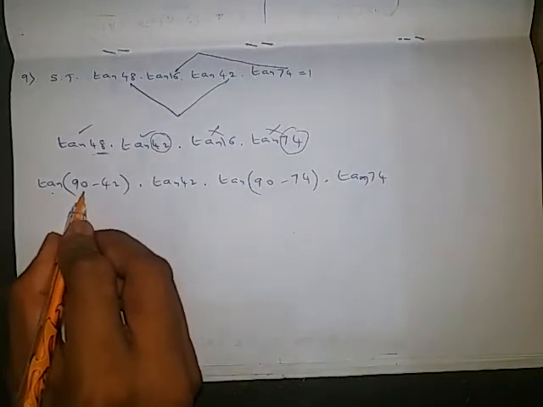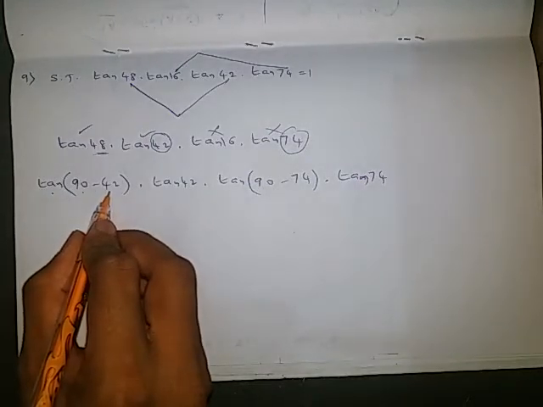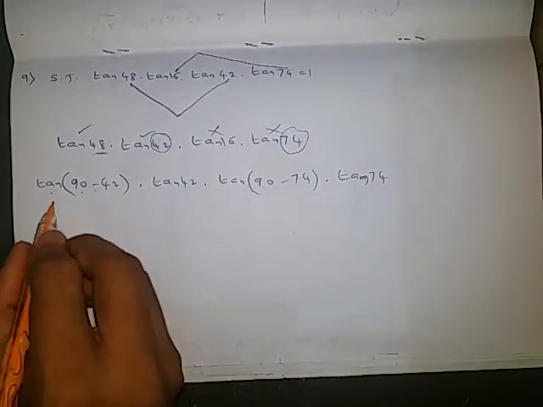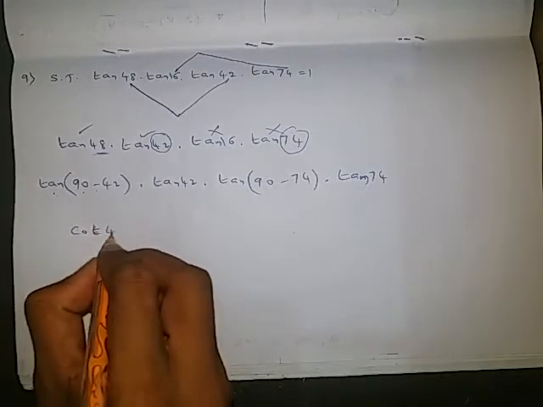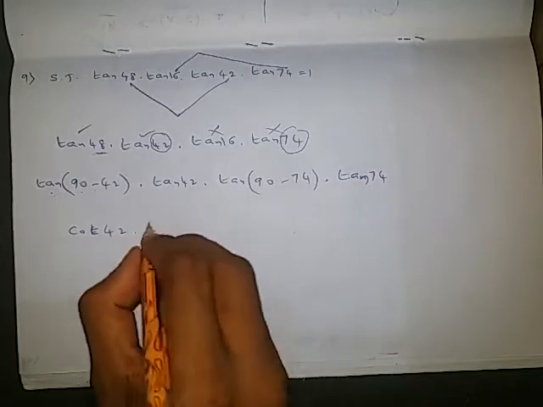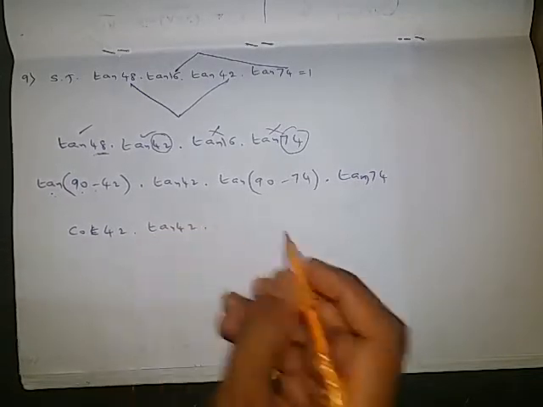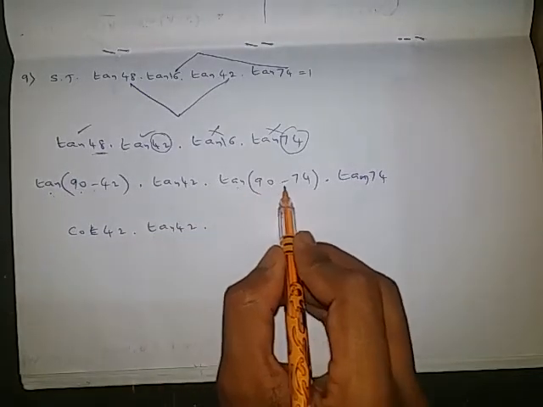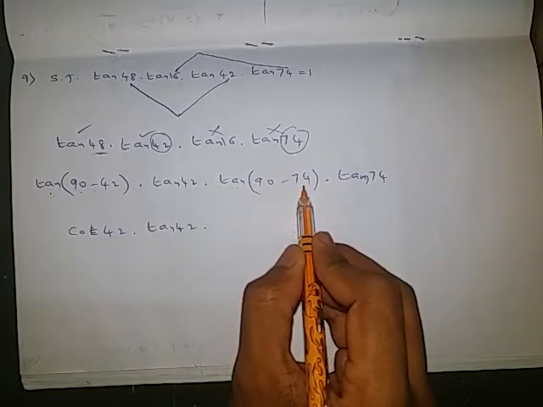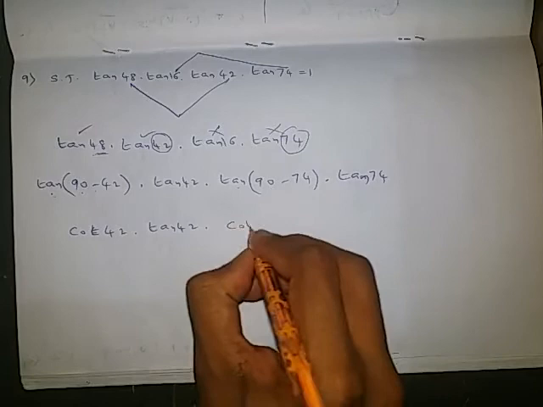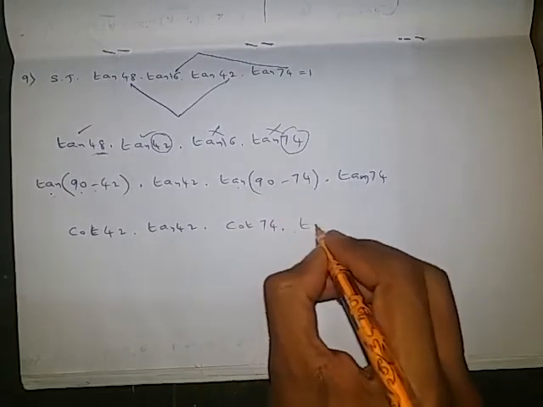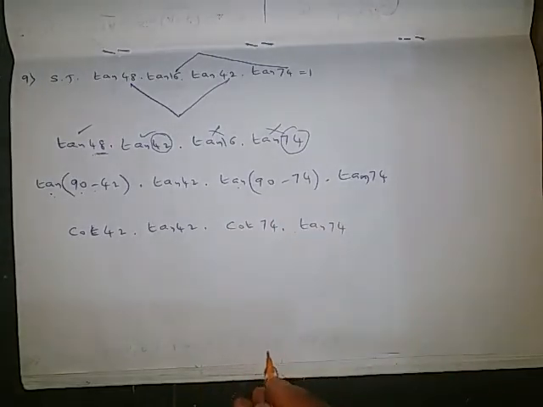Tan of 90 minus theta is cot theta. So tan of (90 minus 42) is cot 42, into tan 42 as it is, into tan of (90 minus 74), which is cot 74, into tan 74.